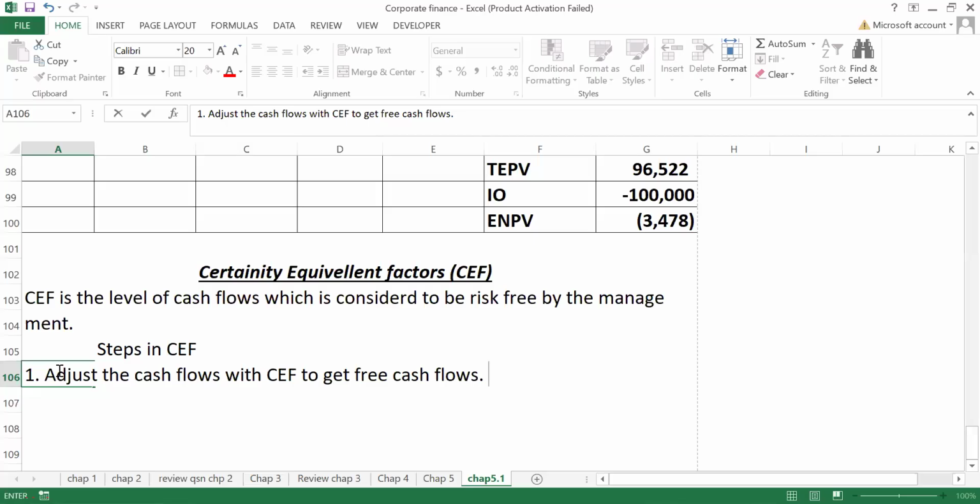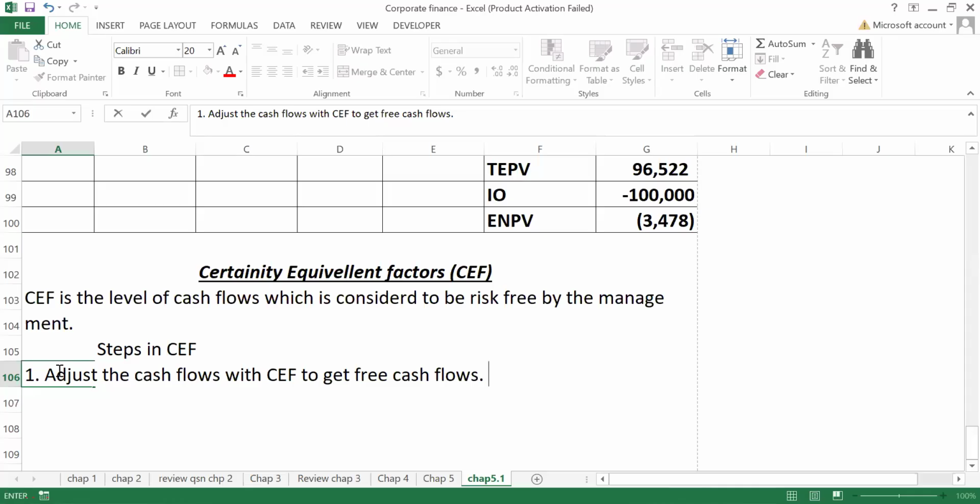Adjust your cash flows with the certainty equivalent factor to get the free cash flows, meaning you get your cash flows multiplied by the certainty equivalent factor. Then you get the free cash flows.